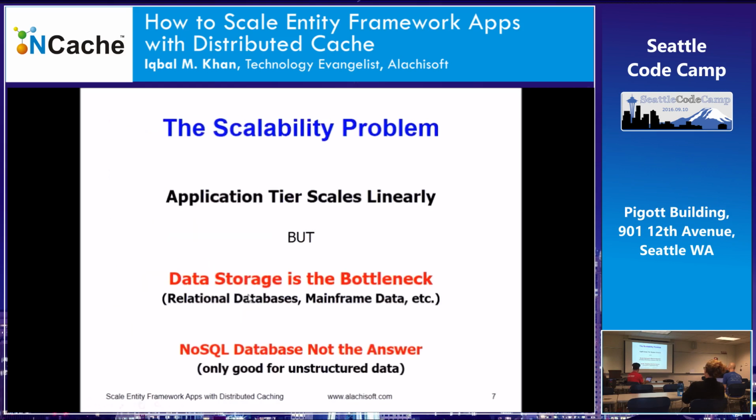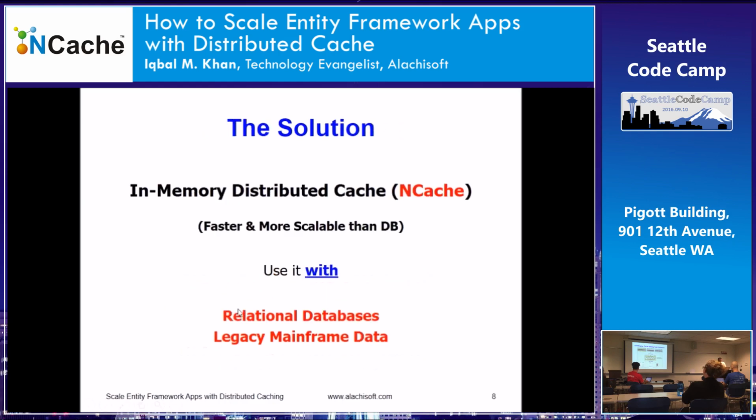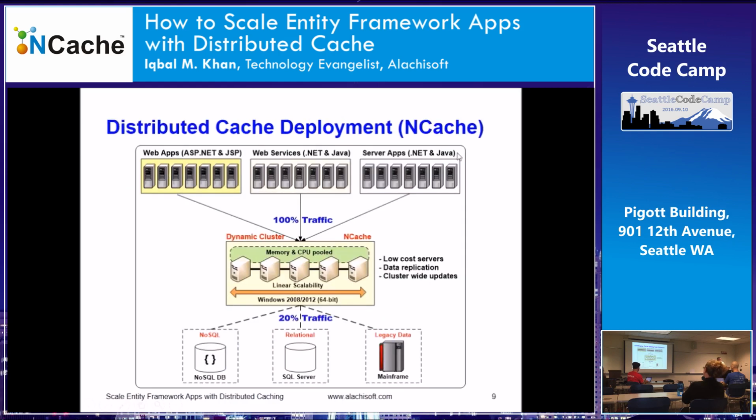So what is the scalability problem that we have to solve through caching? The problem essentially is that there's an application tier that can scale very nicely. You can add more servers to your application server tier. If I were to draw up this picture, this is your application tier. You can add more and more servers to it and it's a load balanced environment, so there's usually a load balancer up in the front here.